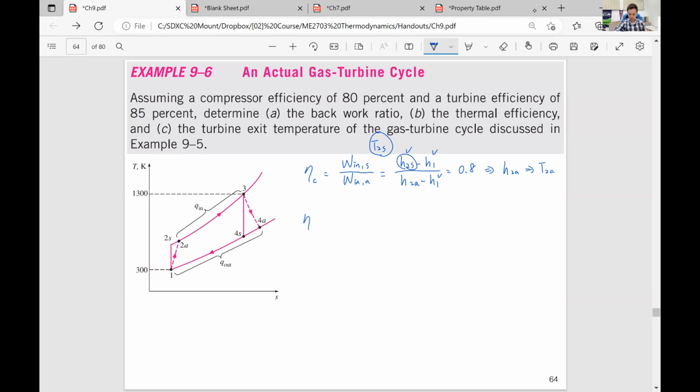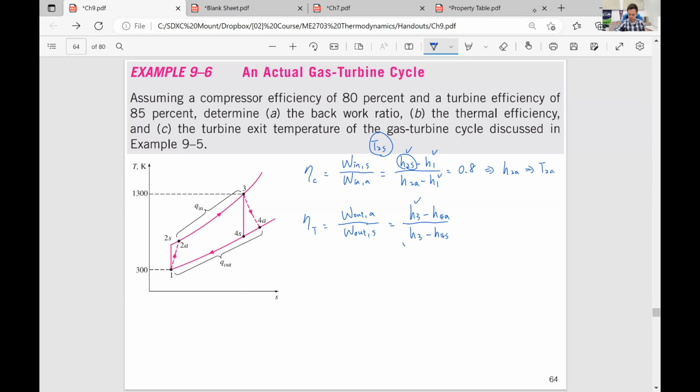Similarly, for the turbine, it should be the actual one over the isentropic one, right? So that would be H3 minus H4A over H3 minus H4S.